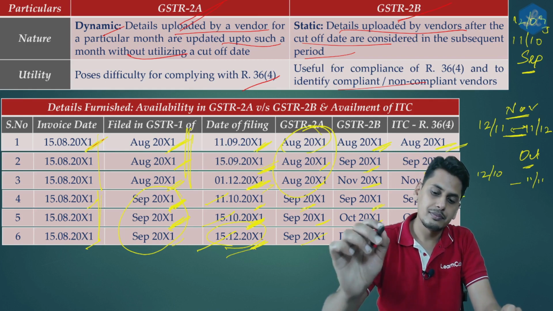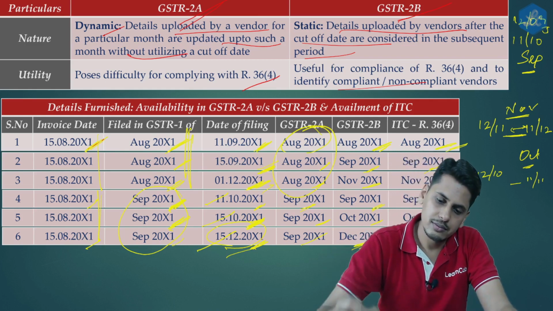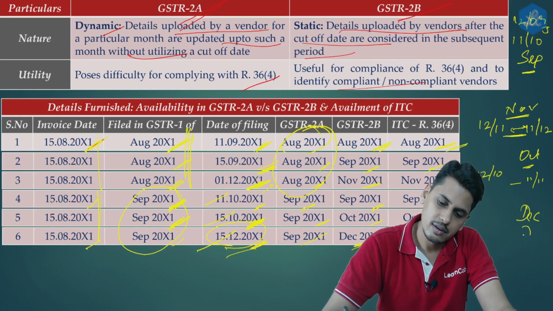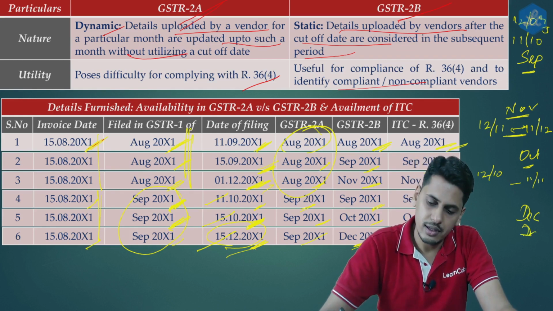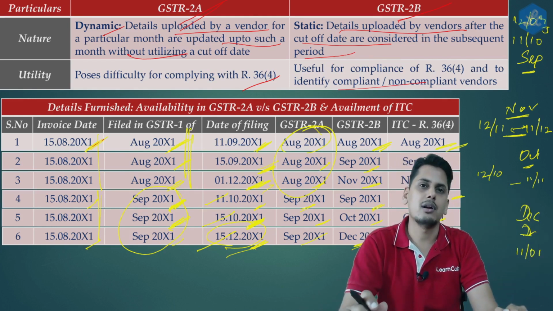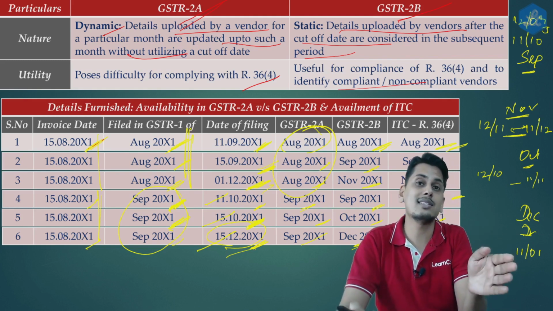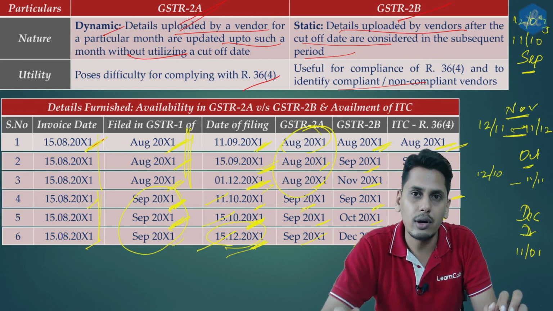Want to cross check? For December, what is the window? For the tax period December, what is the last date to file the data for December? It is 11th of January. What is prior to December? November. What is the last date for November? 11th of December. So what is going to be the starting point for December? After 11th of December comes 12th of December.